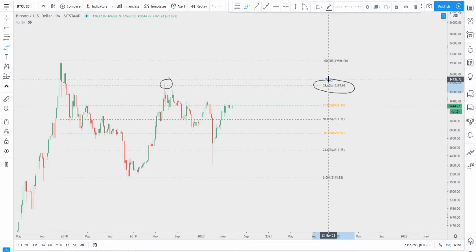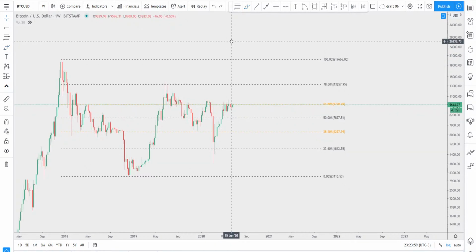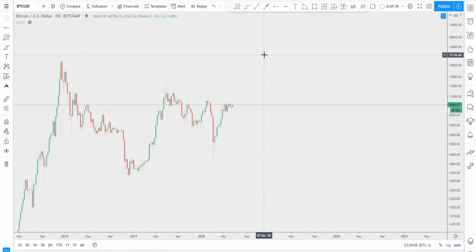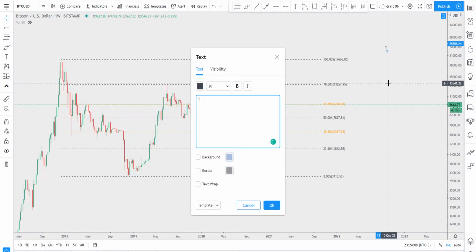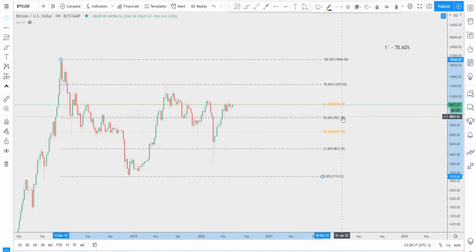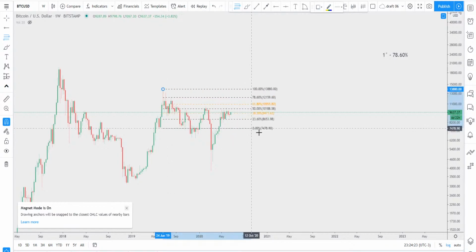People who are familiar with Fibonacci are aware of such moves and the behavior. But now, let's make notes here. First one, 780.60. Now let's go for the second one.